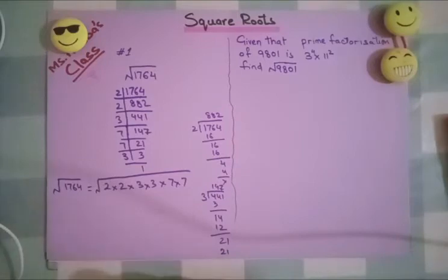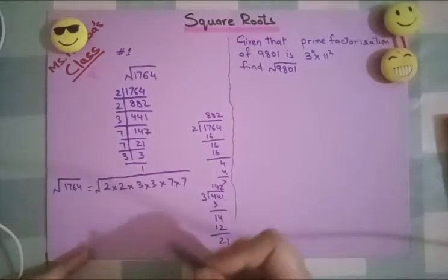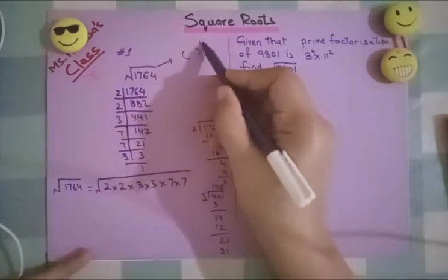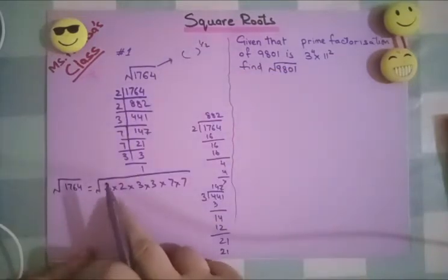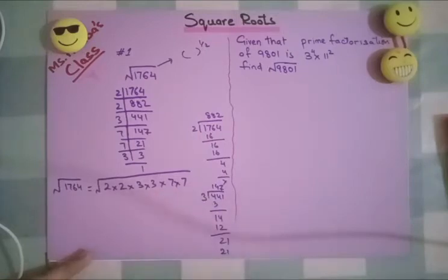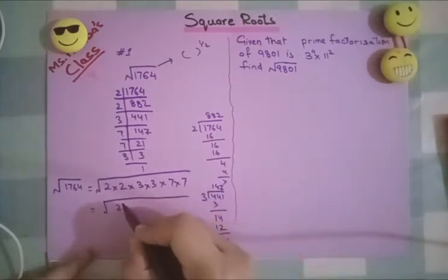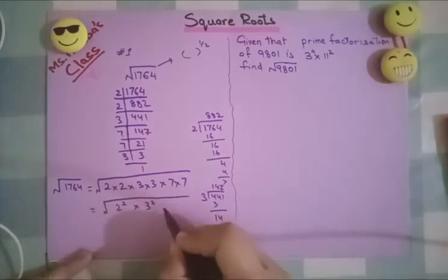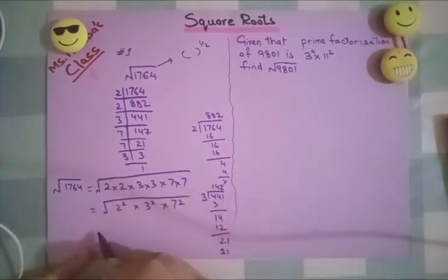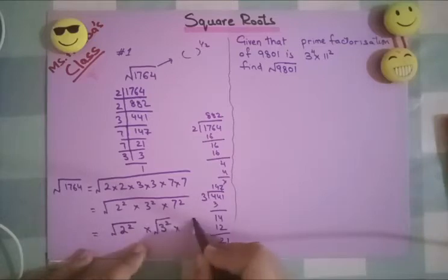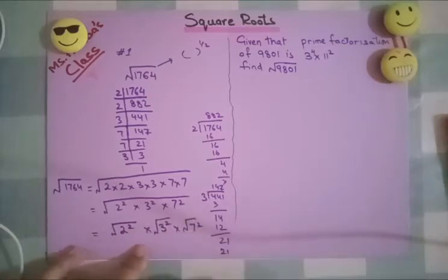Now as I have to find the square root, and I told you in my previous video that this radical value is 1 by 2, it means I have to make all these numbers into square form. I will write 2 square multiplied by 3 square multiplied by 7 square, and next the radical will be separated for each and every number, so that you can easily find its square root.